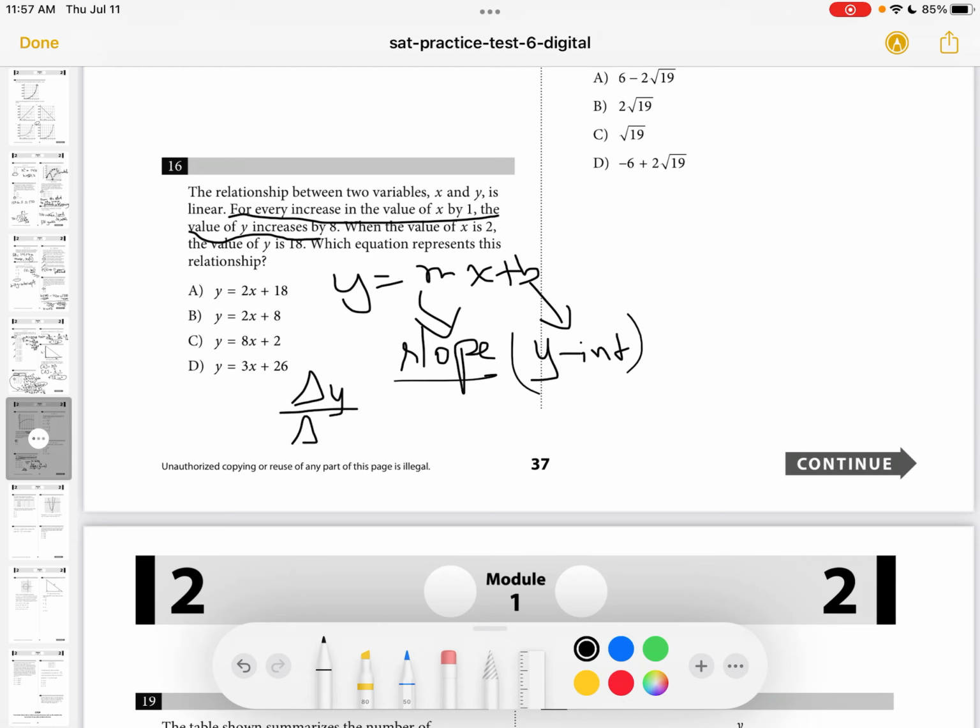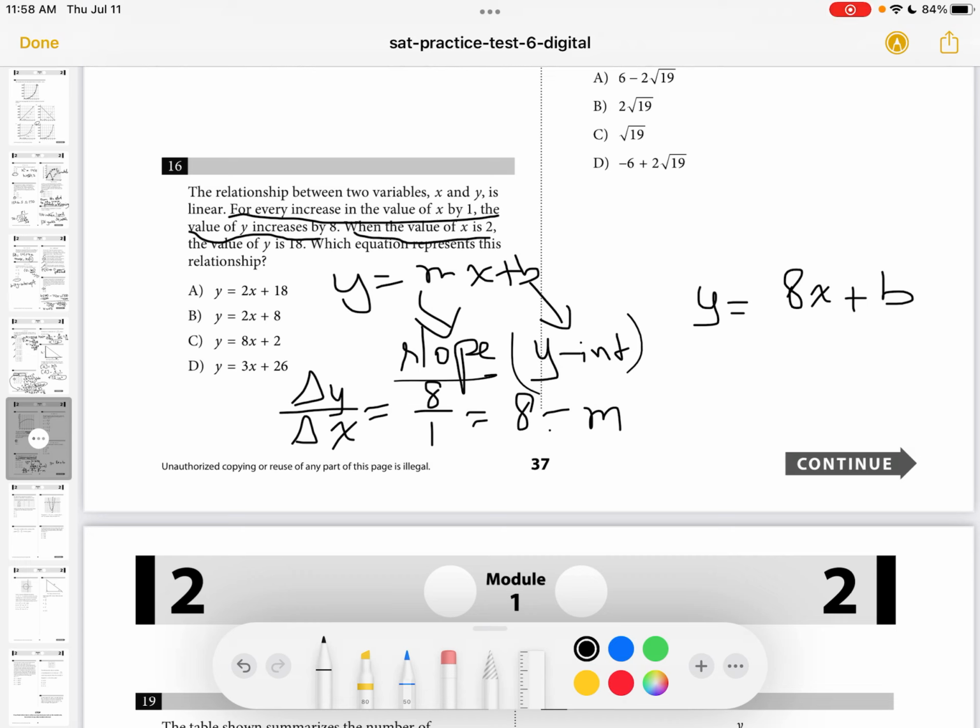This means that the change in y over the change in x is equal to 8 over 1. So 8 is our slope. So our equation will look something like y equals 8x plus some b value.